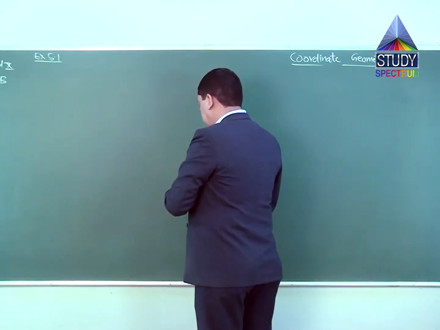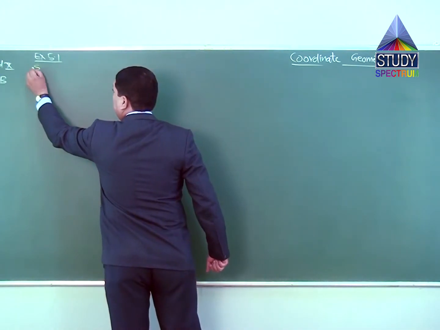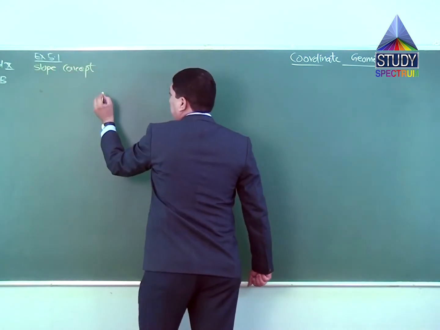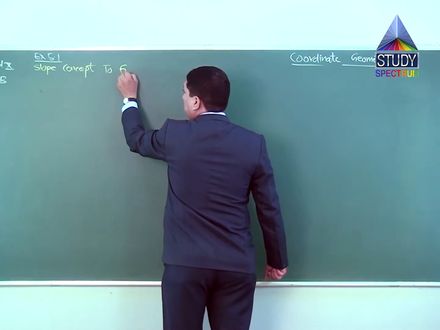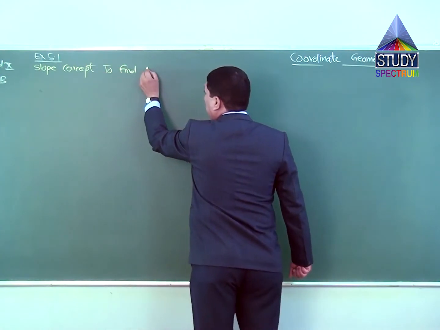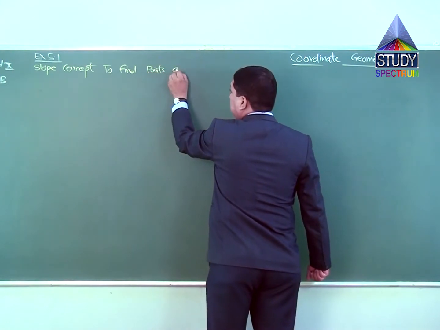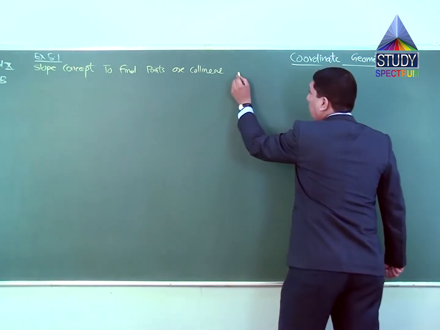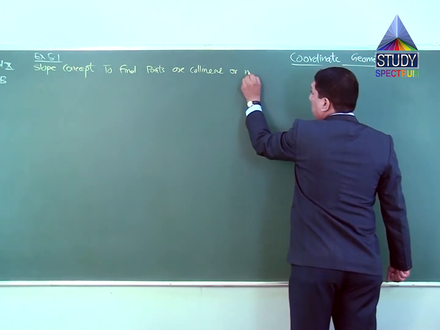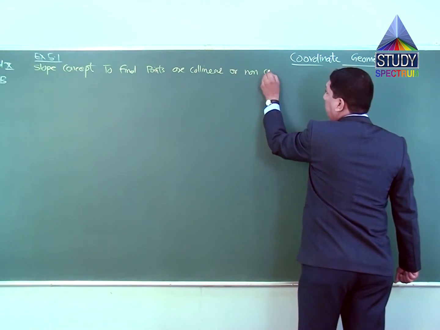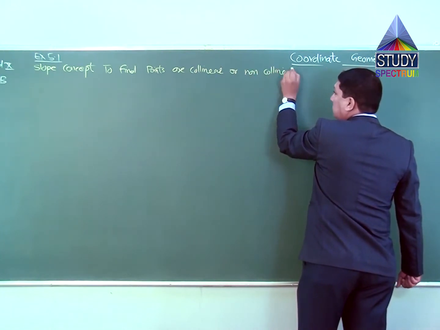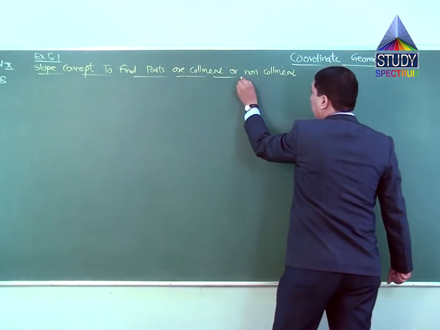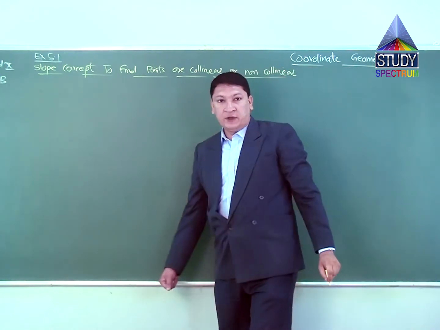So we'll use the slope concept to find whether points are collinear or non-collinear. We'll use the slope technique to find out whether given points are collinear or not collinear. Now let's see how we are going to do this.